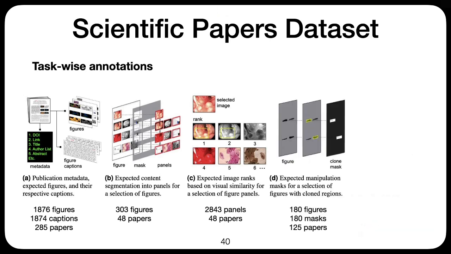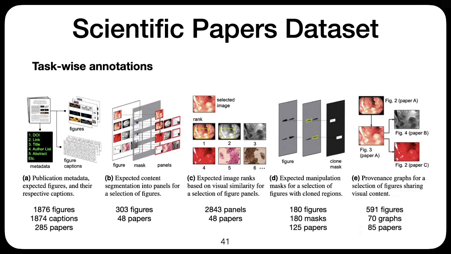We also provided annotations for copy move, so we read the rejection notices from 125 papers, and for 180 figures, we built masks that activate where the regions are replicated. So the masks show, for a single image, what regions are duplicated, that are cloned.